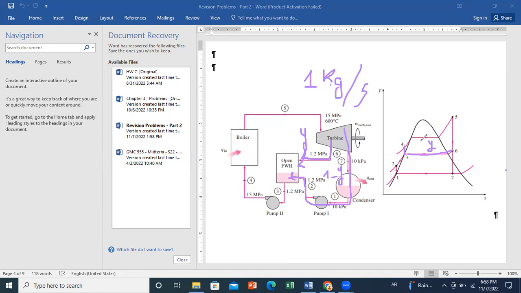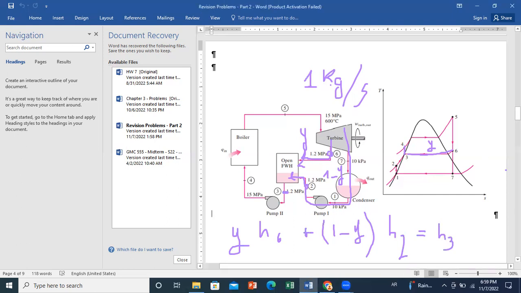Now if we want to write the energy balance as we did together before, we just need the enthalpies of points 6, 2, and 3, and we already found the enthalpies at these points. So we just apply the energy balance, which is y times h6 plus 1 minus y times h2 equals h3.